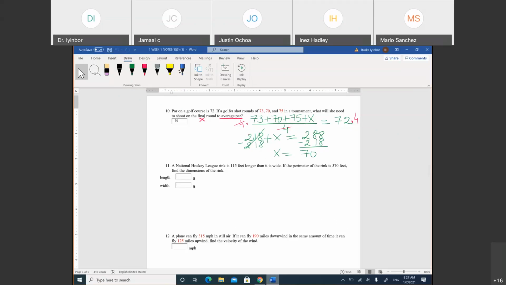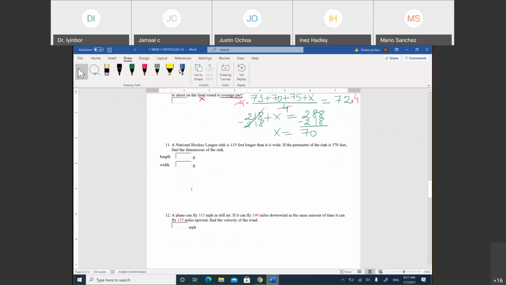Going to the next one, number 11. We have another word problem where the National Hockey League rink is 15 feet longer than it's wide. So it looks like it's a rectangular shape, and the perimeter is given, and you have to find the dimensions of the rink.